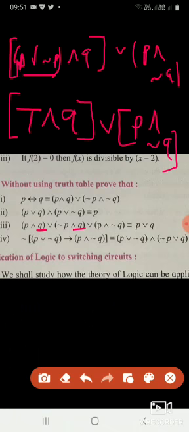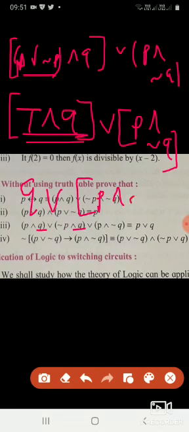Now we go to the logical relation, true and any statement is identity law. True and any statement is the statement itself. That means it becomes Q only. Q, P and negation of Q.